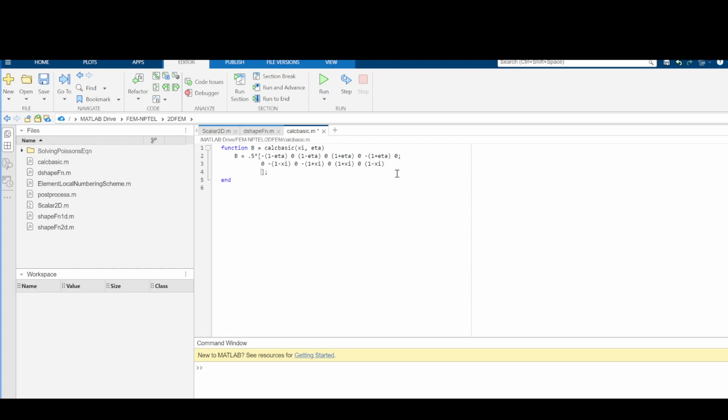Then we have, let's copy this. After 0, we'll add each of these terms.